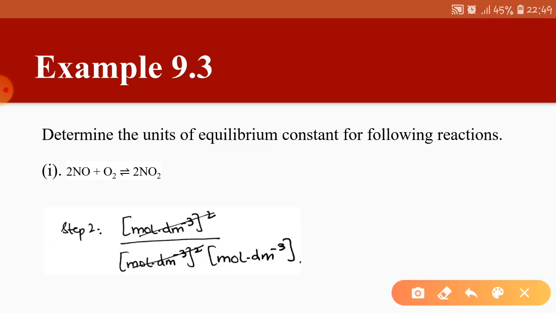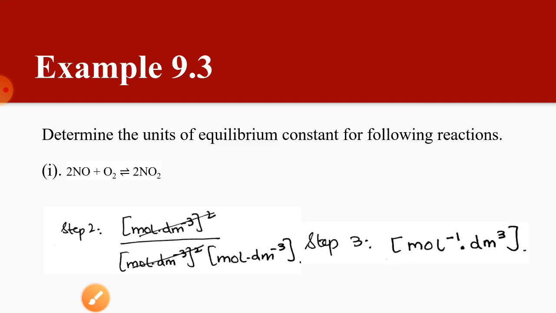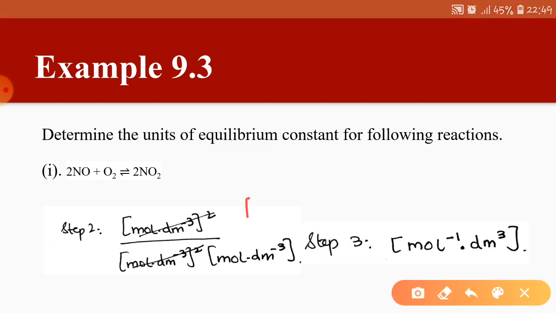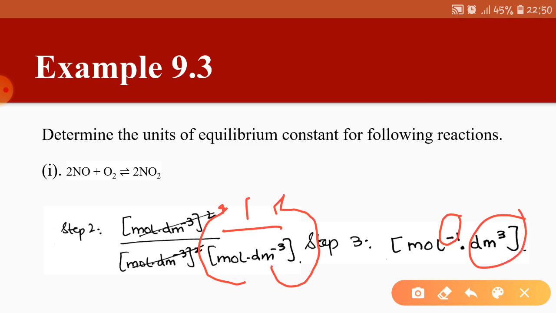This concentration unit gets cancelled with this concentration unit. We are left with this unit only. So you may observe that this means 1 over mole per decimeter cube. When this mole comes in the numerator, it changes into per mole, and when per decimeter cube comes into the numerator, it changes into decimeter cube.